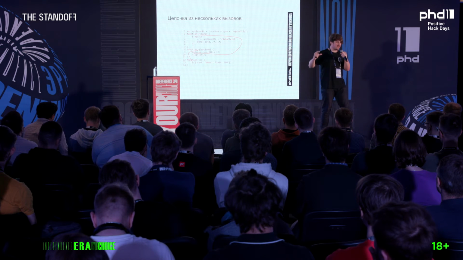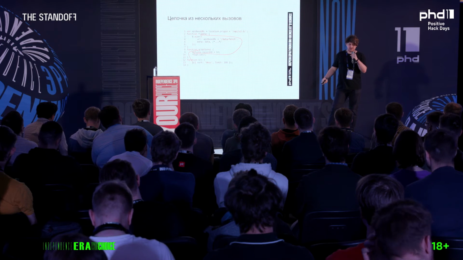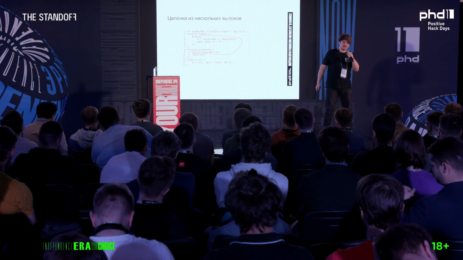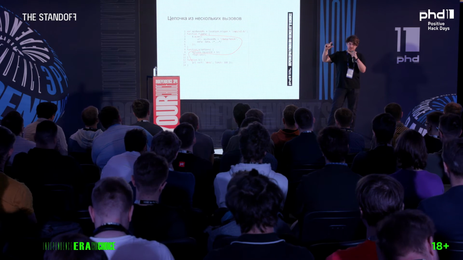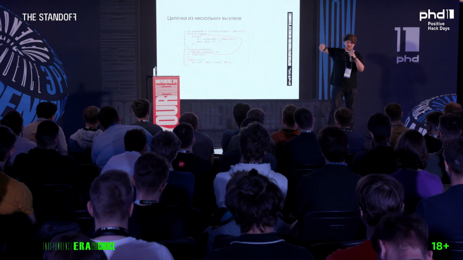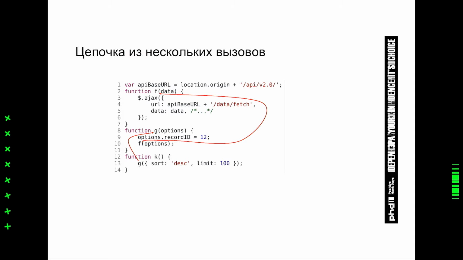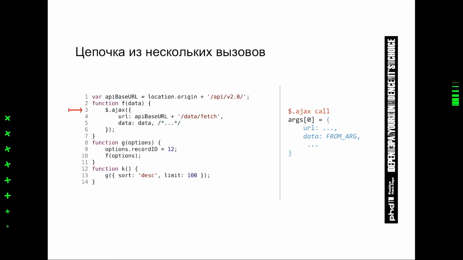Well, you analyze the J and f chain, and you get to $Ajax or fetch. If by analyzing a two-element chain, you see that from arg is still passed to the f function, it means that we want to analyze a longer chain. It means that f took its arguments from somewhere and sent them somewhere else.